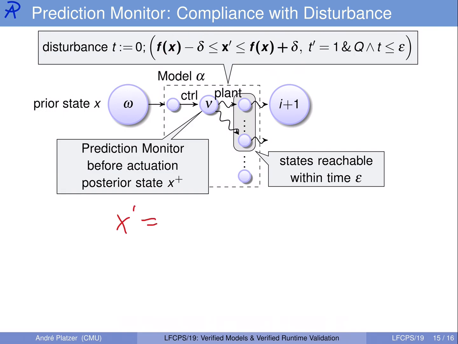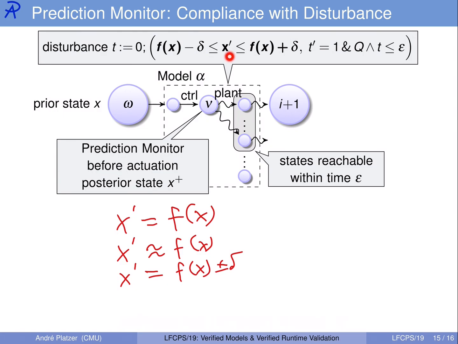You have a differential equation x prime equals f of x in your model, ideal world dynamics, and then you want to say, it's not that, it's sort of like f of x, which is another way of saying the derivative of x is f of x plus or minus some disturbance factor delta. Or more precisely, the time derivative of x is less or equal f of x plus delta and is bigger or equal f of x minus delta. So it's within a delta range of what the differential equation says.